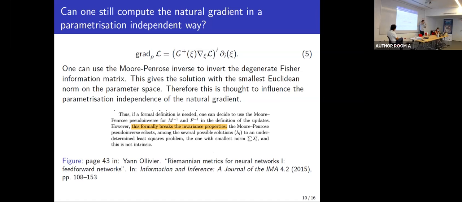So you're doing the inverse, but then the Moore-Penrose inverse needs to choose one of those, and it chooses the one with the smallest Euclidean length, and this Euclidean distance is defined on the space of parameters.